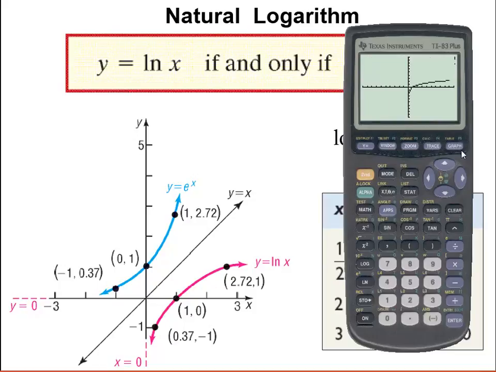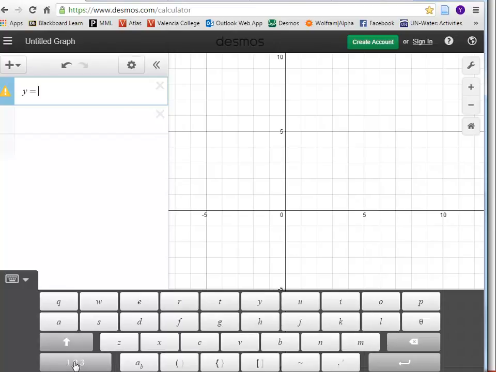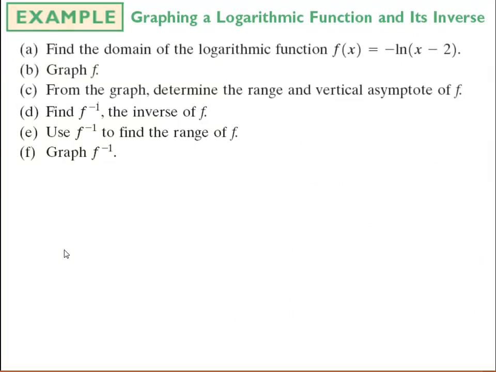If I graph, there's my log base e function. And if I bring up Desmos, on my keyboard I could just type ln, or punch the little ABC button here and do ln. It now knows I'm talking about log base e, and if I do ln of x, it graphs the log base e function for me.